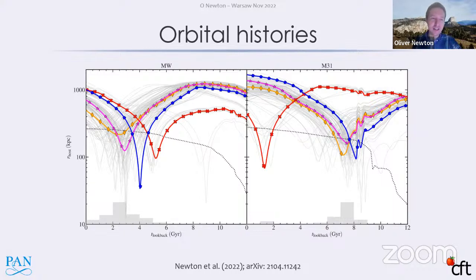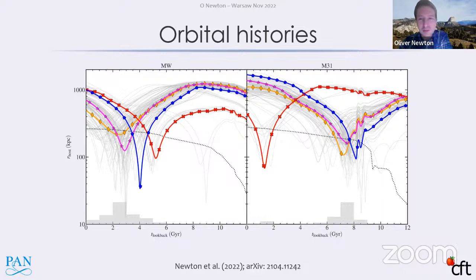So here I've just plotted the distances of the Hermeian halos relative to each of the hosts, the Milky Way on the left and M31 on the right, as a function of look-back time. So look-back time of 0 is the present day, and you're heading back further and further as you go to the right.